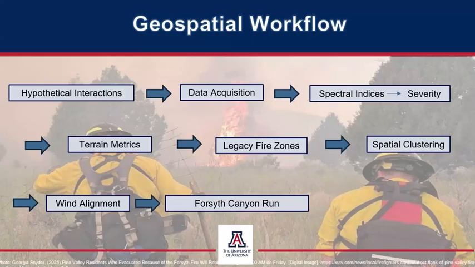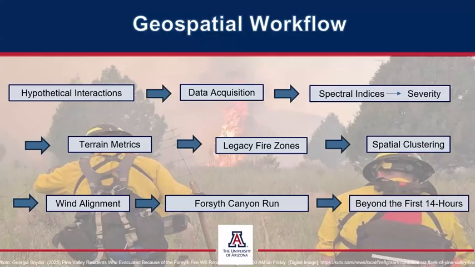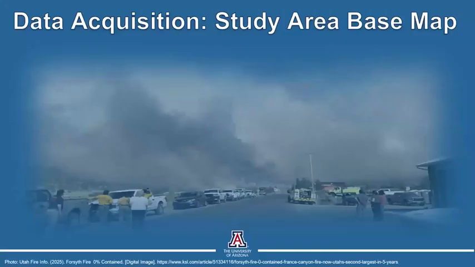I combined these results to explain how wind alignment and fuel shaped the fire and why it aggressively followed Forsyth Canyon. Finally, I developed a coherent explanation of how terrain, wind, and legacy burns shaped the Forsyth Fire after the initial 14-hour run down Forsyth Canyon. Let's dive into each step of this fascinating study.